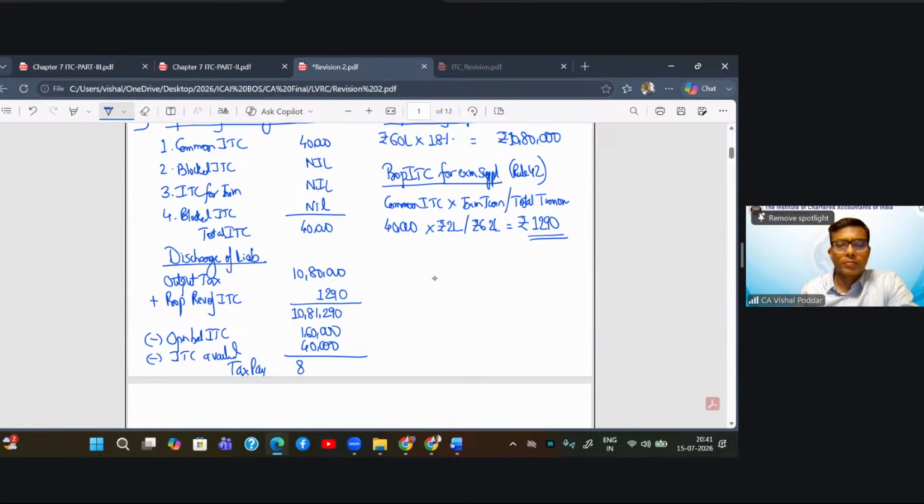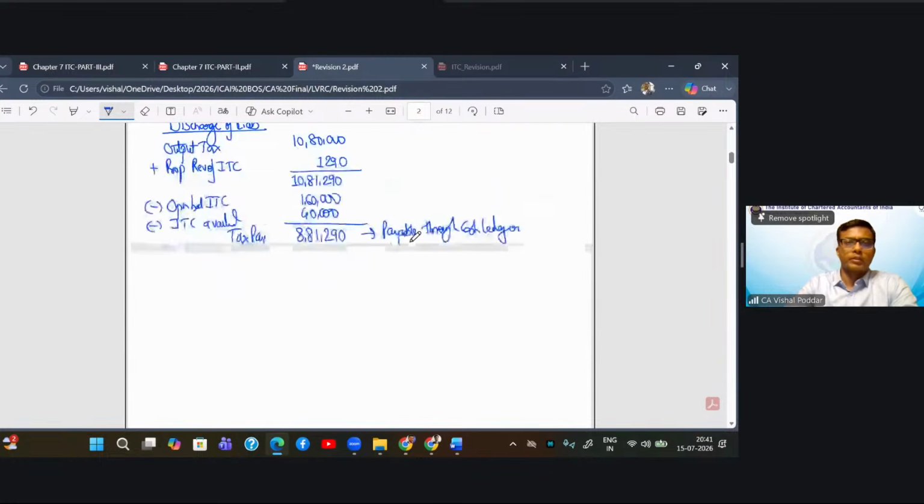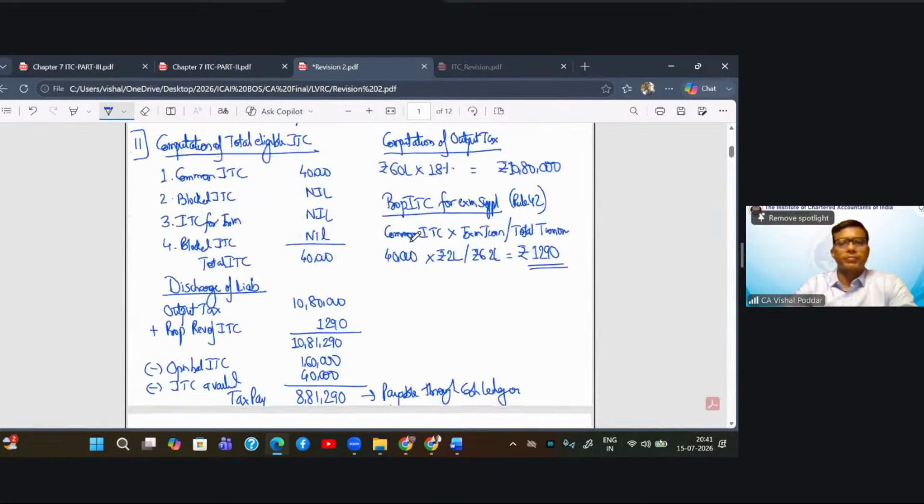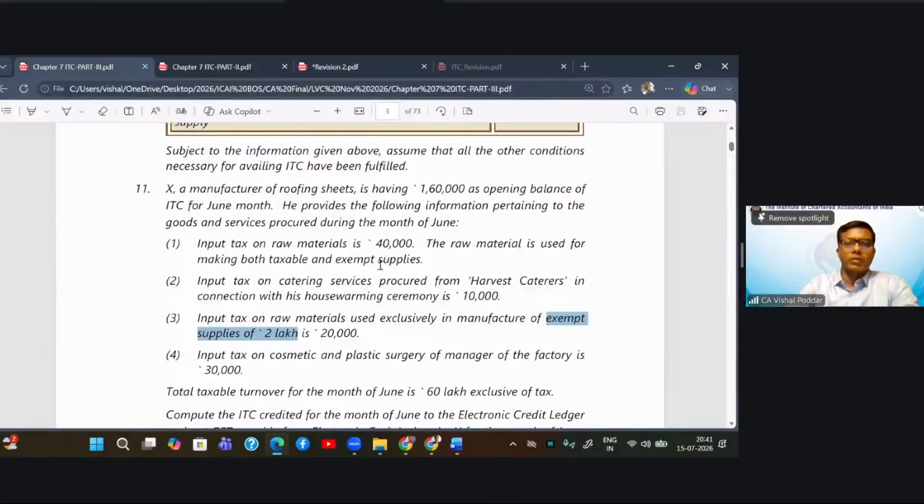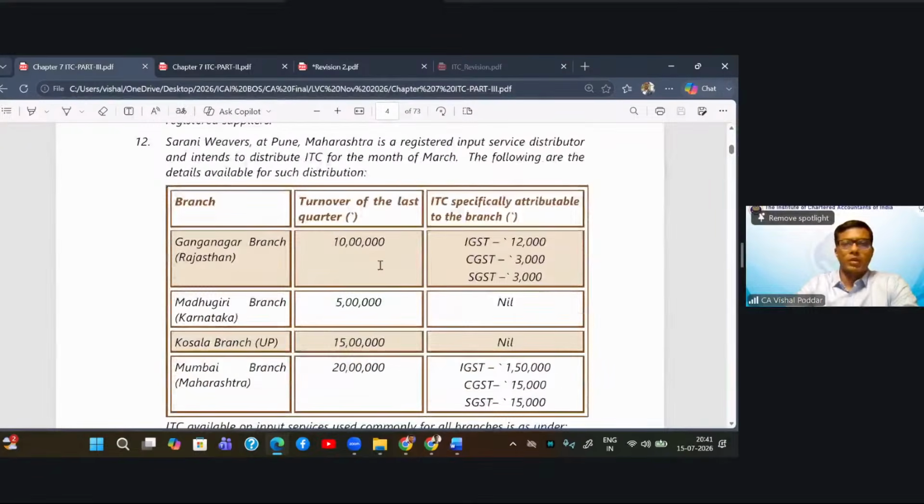So it is 10,41,290. This is payable through my cash ledger. Right, students? I hope everyone has understood this question. Let us proceed.